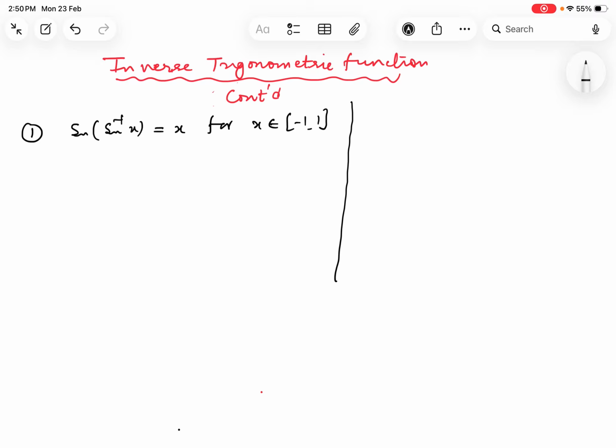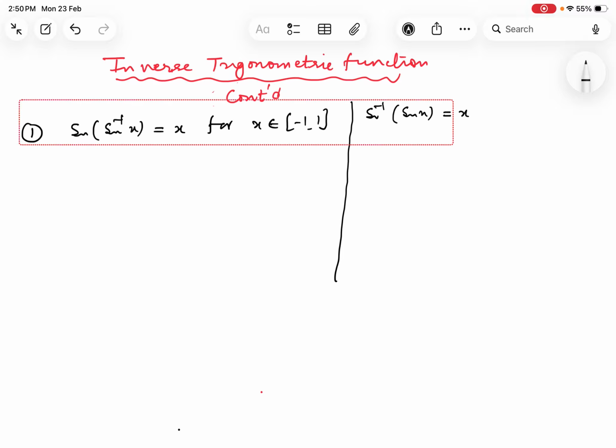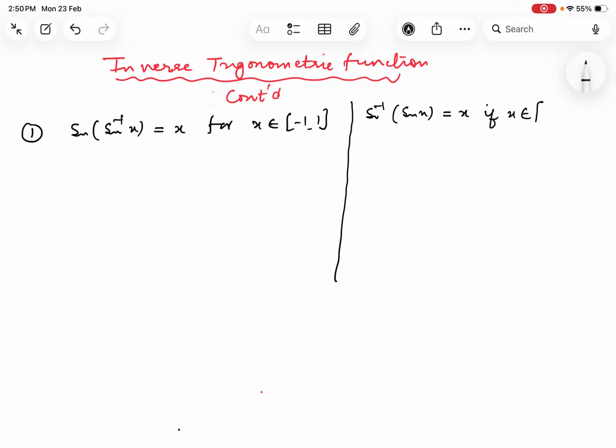Now the question is, what is sine inverse of sine x? Sine inverse of sine x will be equal to x only if x belongs to closed interval minus pi by 2 to pi by 2.